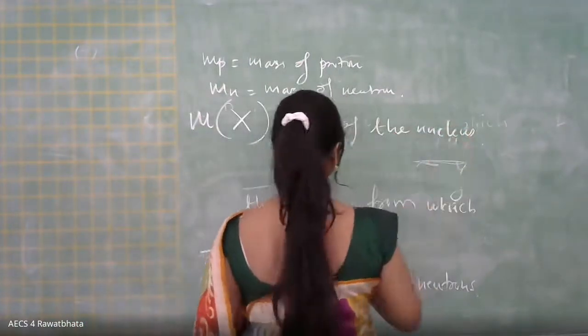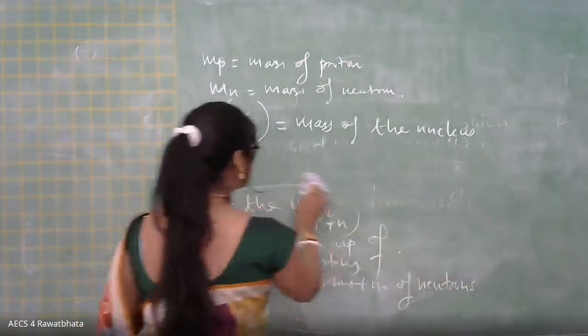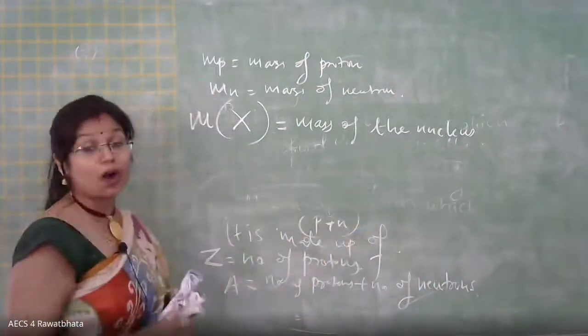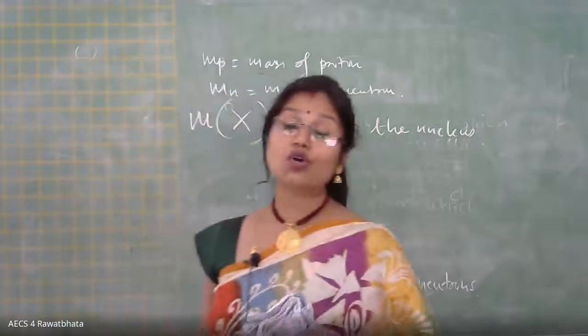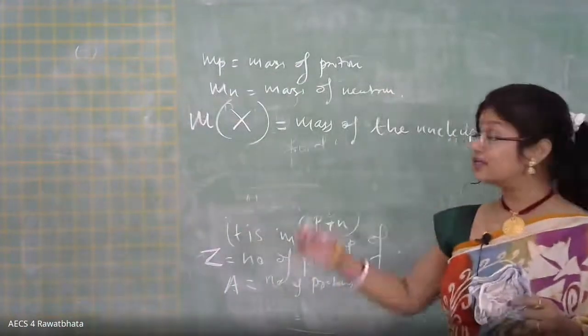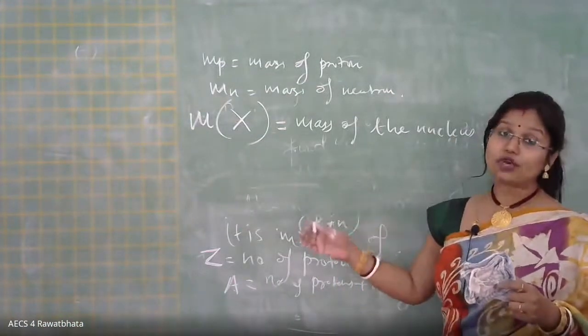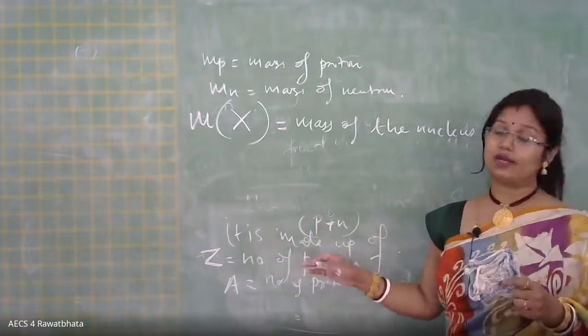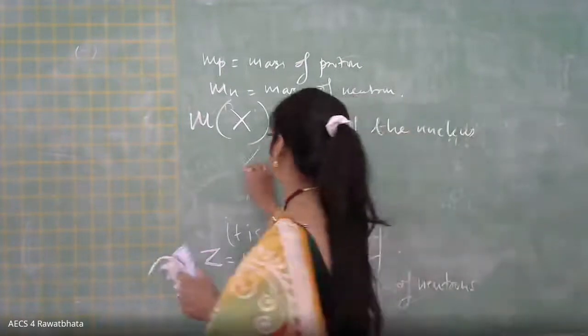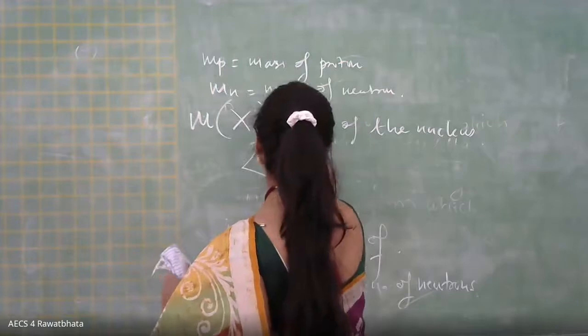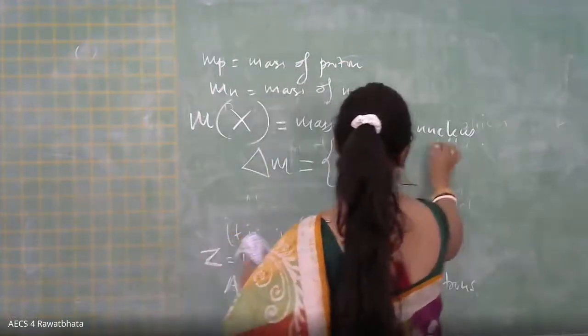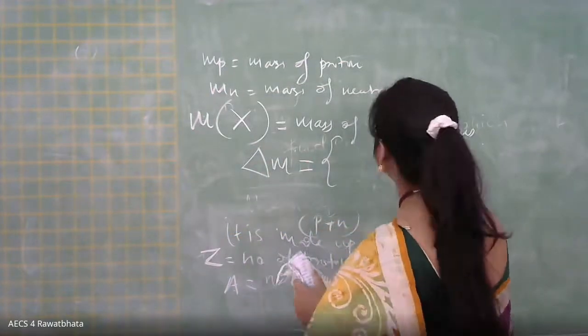So in the statement I told you that the rest mass of the nucleus is slightly less than the mass of the nucleons from which it is made up of. So if we talk about delta M, the mass defect, how can you express it?